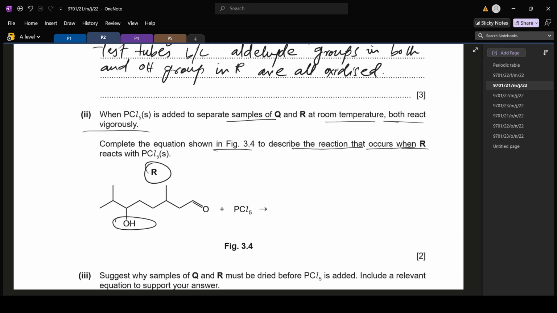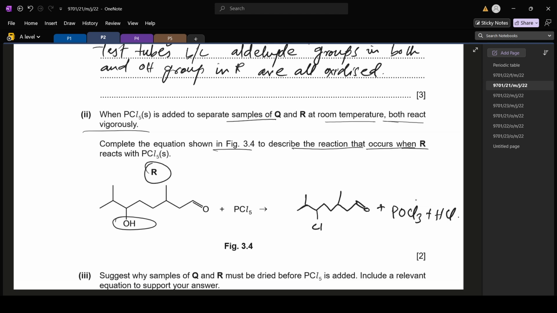PCl5 will substitute this OH group, and here it will be substituted by Cl, giving POCl3 plus HCl.